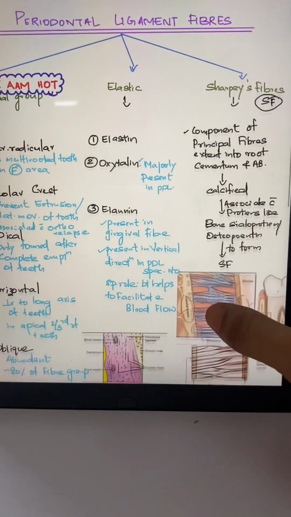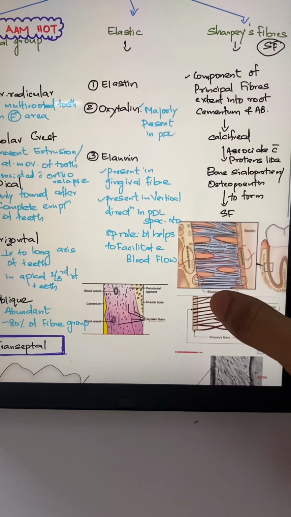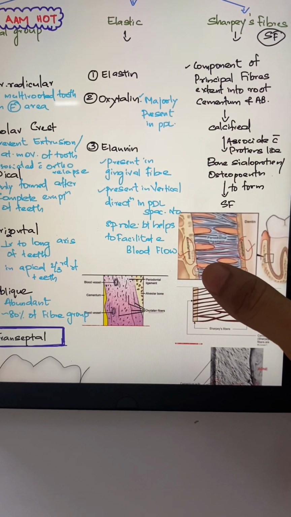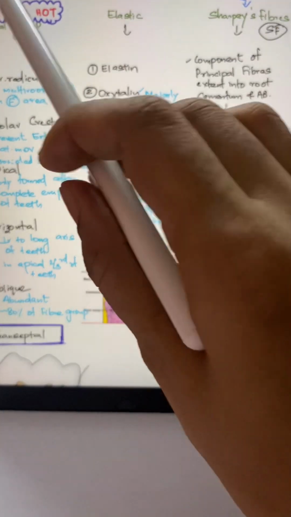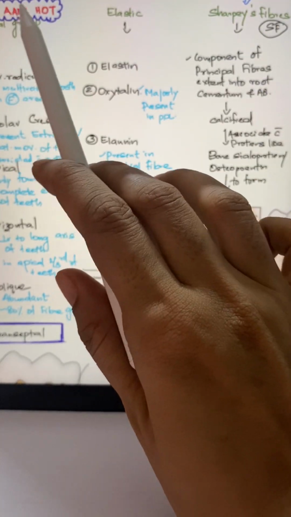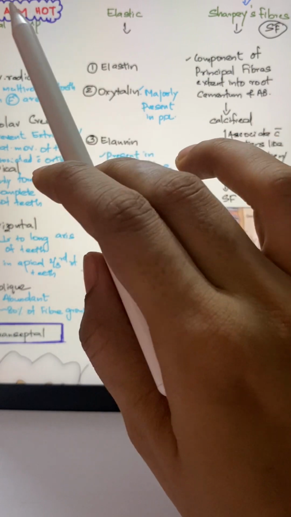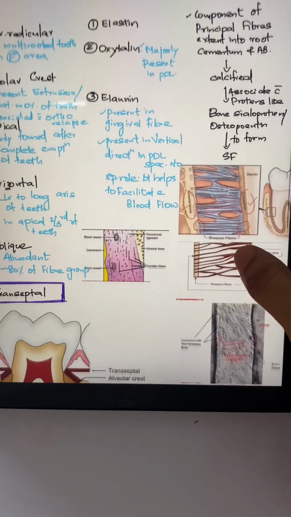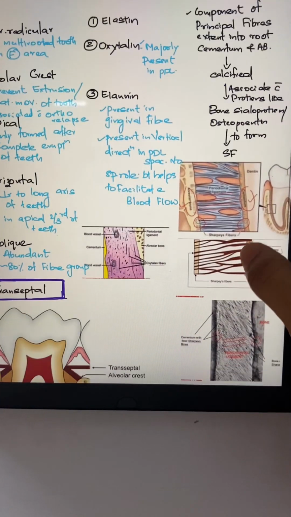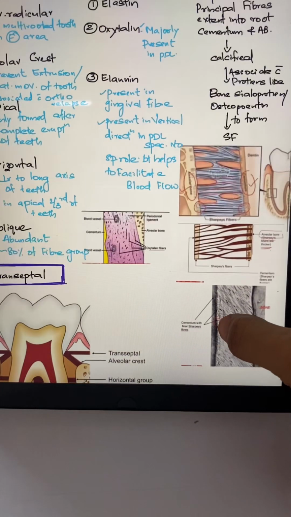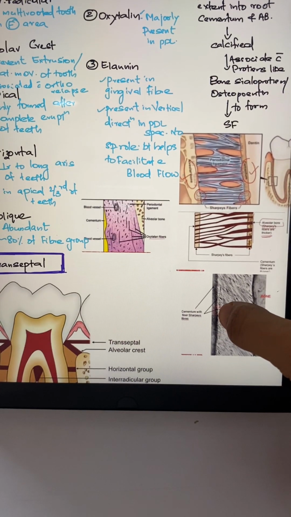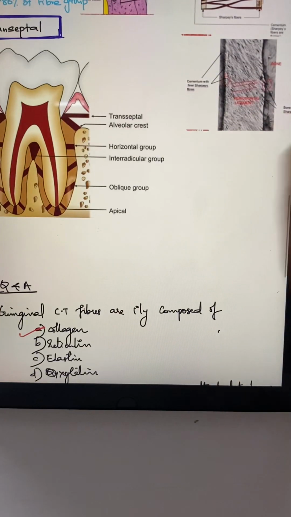Next is the periodontal ligament fibers. In this also 5 or 6 principal groups of fibers are there. You can just remember this as "I am hot", with two A's in it. The first is the interradicular. Interradicular fibers can be seen in multi-rooted teeth, especially in the furcation area.